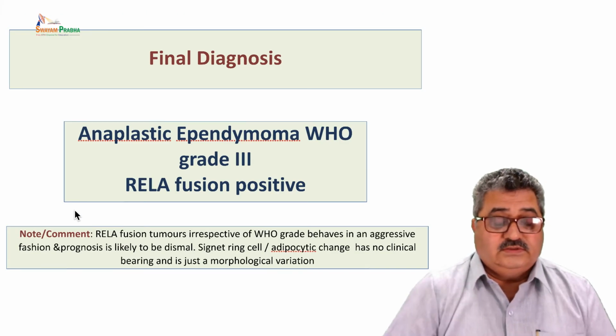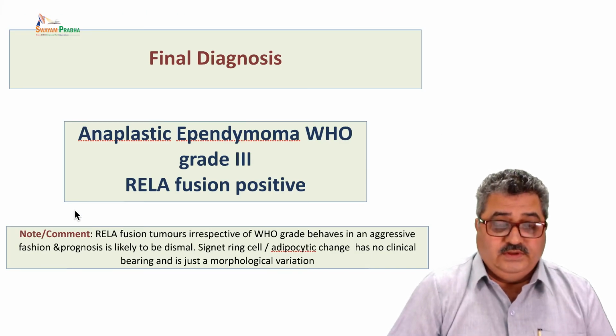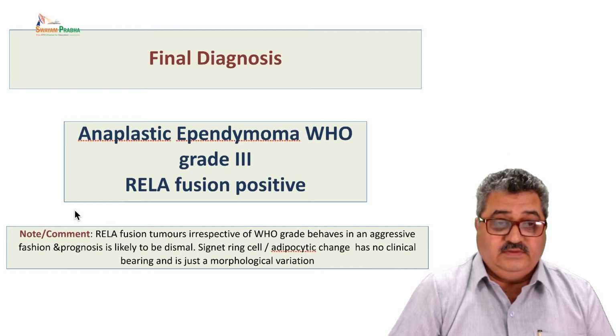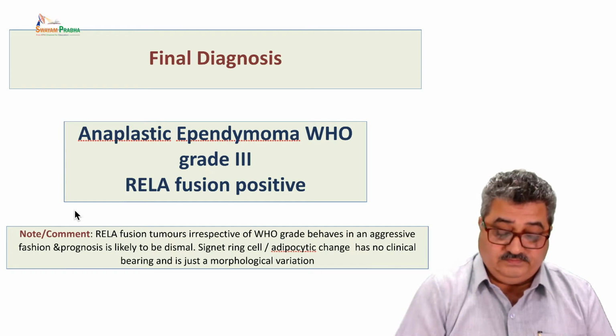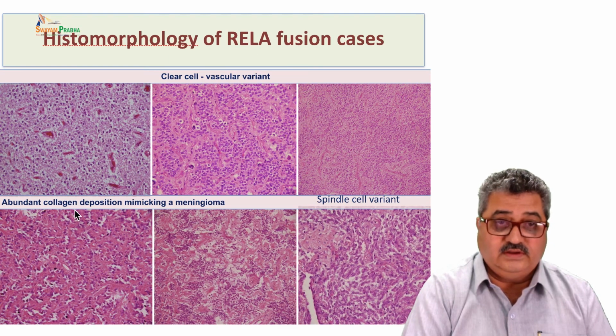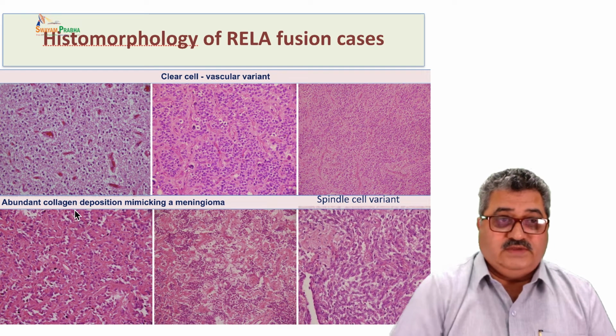These surrogate markers are equally good, but FISH is the best. So in the supratentorial compartment, when we say ependymoma WHO grade 3, earlier people suggested calling it anaplastic RELA fusion. And one can give the note that this tumor is likely to behave in a worse fashion.